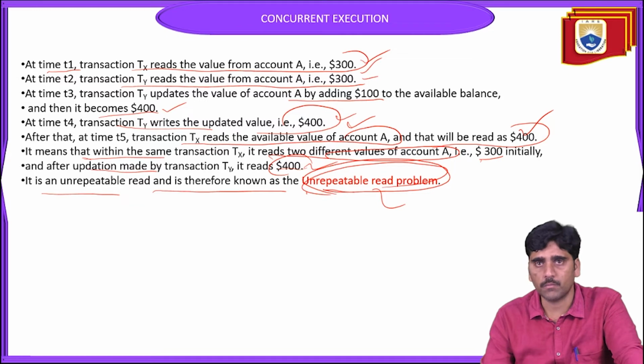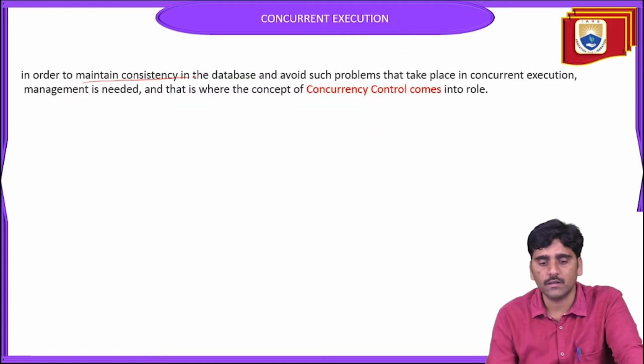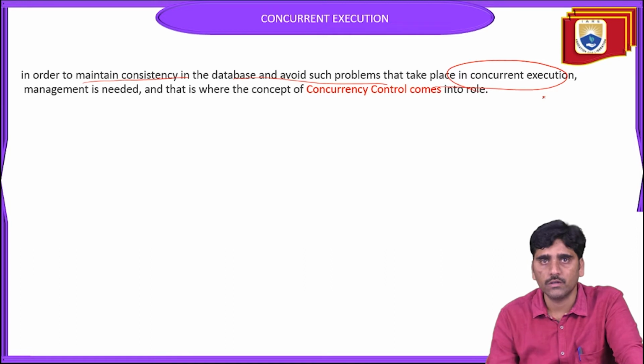In order to maintain consistency in the database and avoid such problems that take place in concurrent execution, we have to avoid these types of problems. What are the problems?